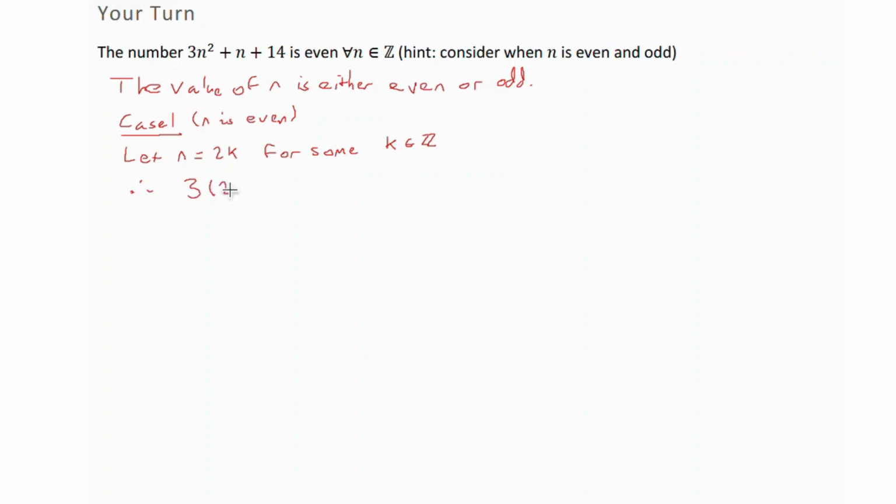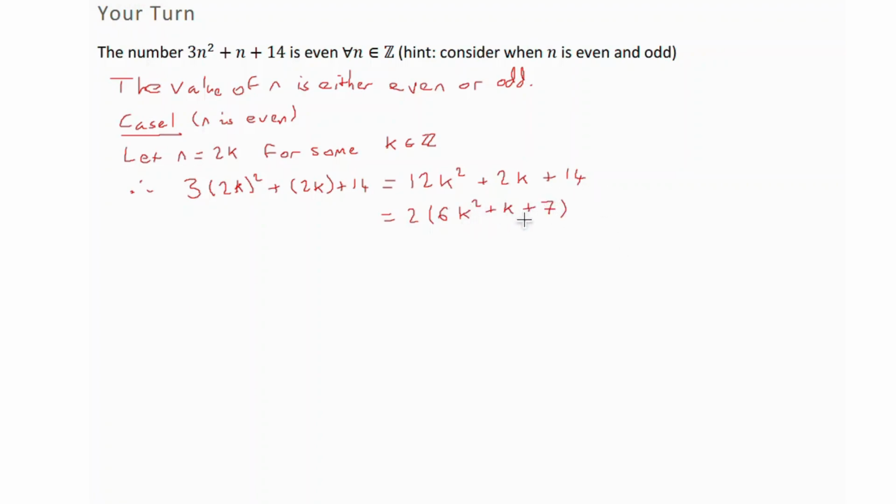3 times (2k) squared plus 2k plus 14, which is going to expand to, this is 4k squared, so multiplied by 3 is 12k squared, plus 2k plus 14, which we can factorize 2 out of to get 2 times (6k squared plus k plus 7).